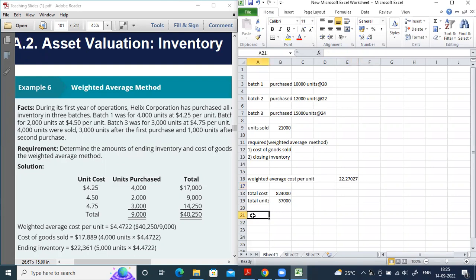Now what we need to compute here is the cost of goods sold. How many goods did we sell? 21,000. So 21,000 into 22.27027. So cost of goods sold will be 4,67,675. Then closing inventory.